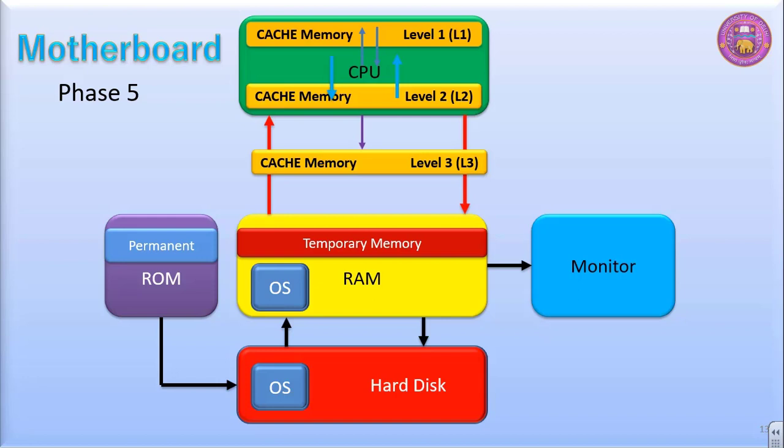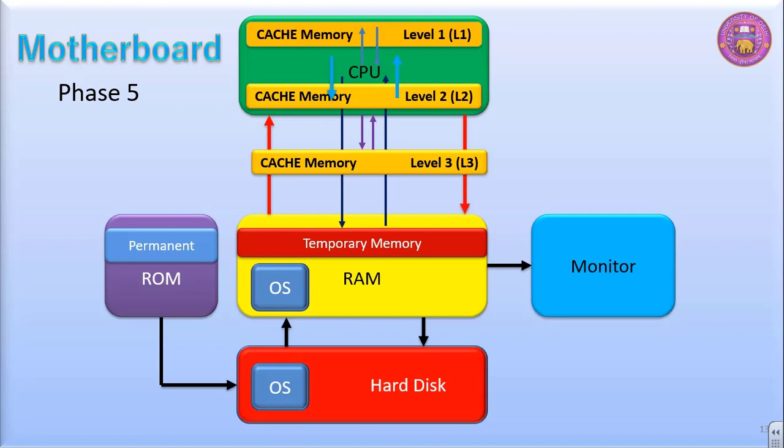If the required instructions are in L3, it will fetch them from level 3. If those instructions are not in the cache memory L3, the CPU will look into temporary memory, that is RAM. It will fetch the required data or instruction from RAM and then start processing.